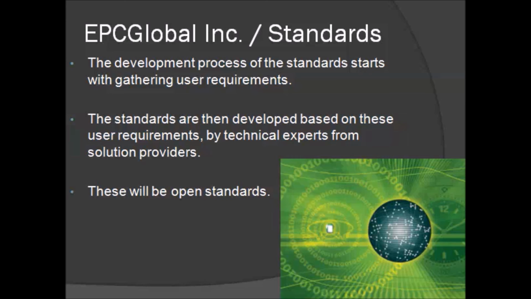The development process of the standard starts with gathering user requirements. The standards are then developed based on these user requirements by technical experts from solution providers. This will be open standards. All solution providers can then develop products such as RFID tag, RFID reader, even the software based on these open standards.